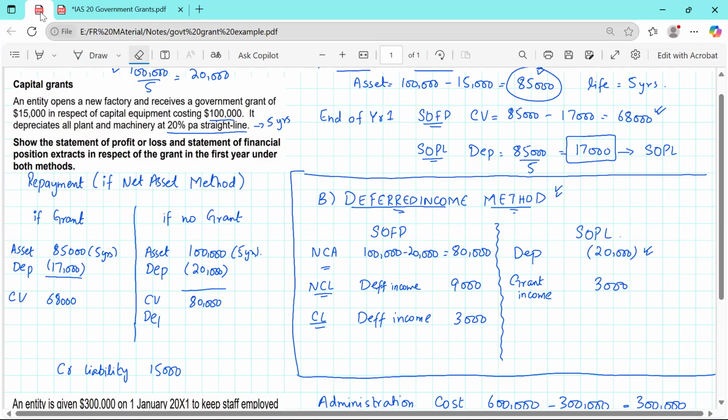Okay, now the next part is what you need to understand because this part is very crucial. Debit asset and debit depreciation.